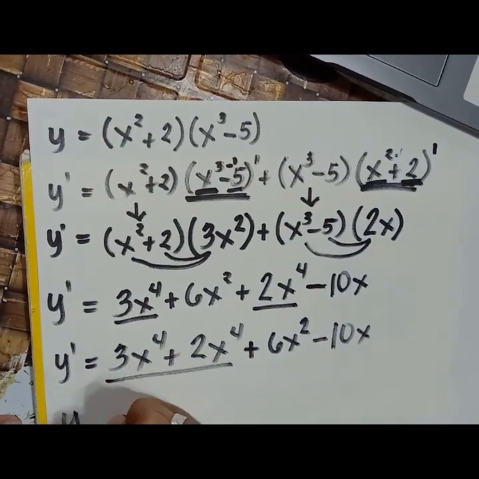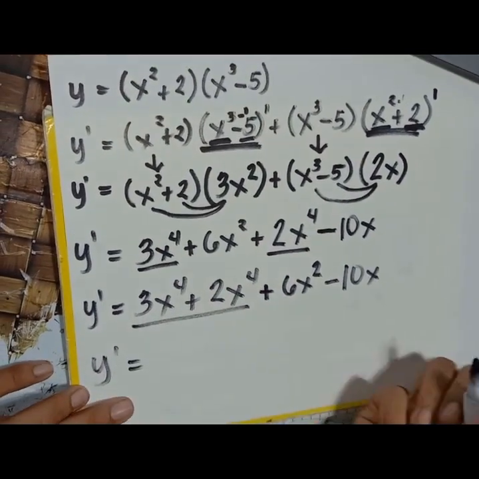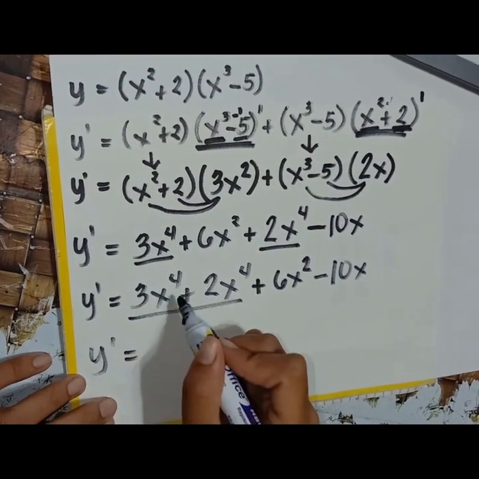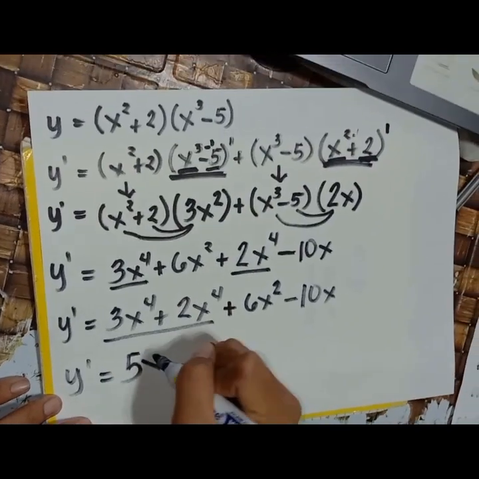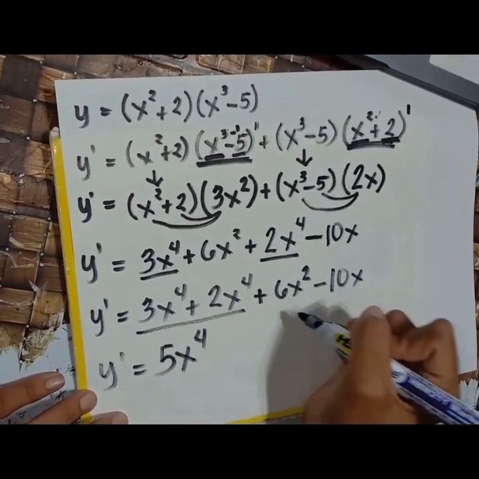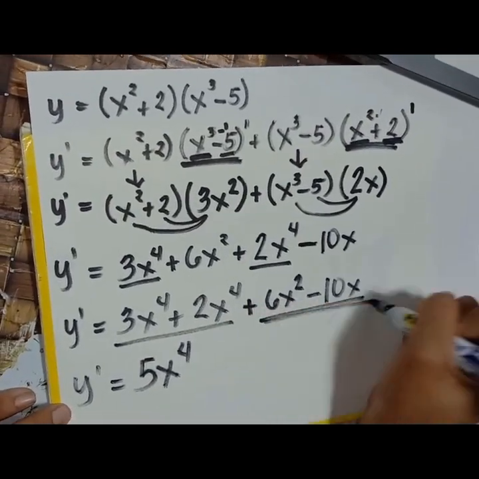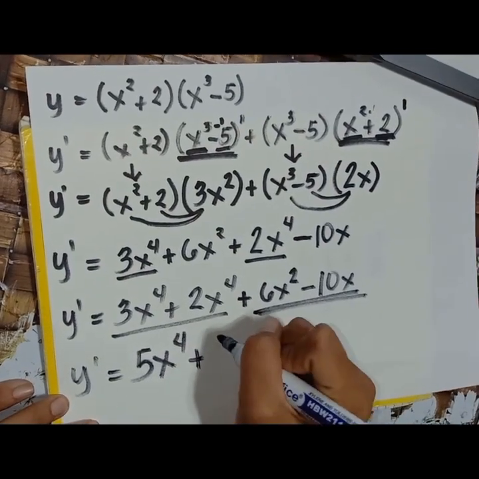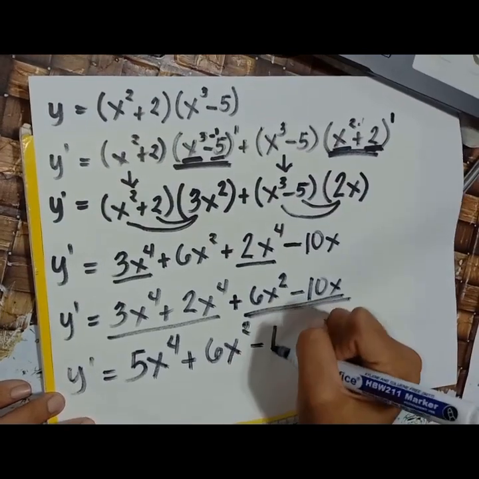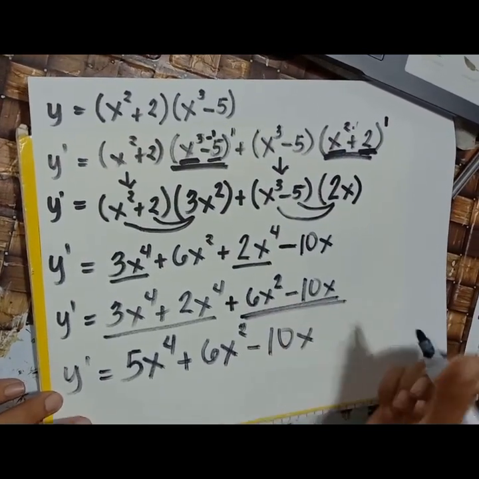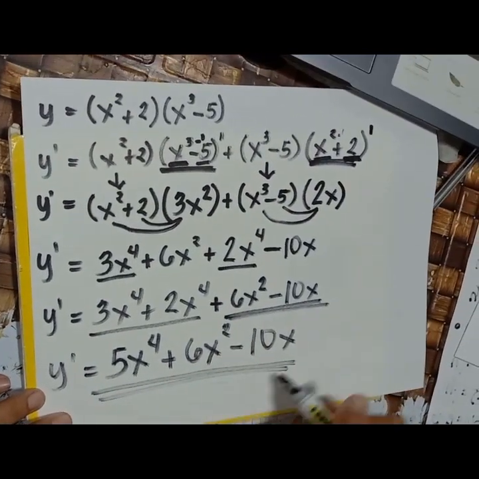So let's just simplify. 3x to the fourth plus 2x to the fourth is equal to 5x to the fourth. Then let's just copy the last two terms, plus 6x squared minus 10x. So this is our final answer.